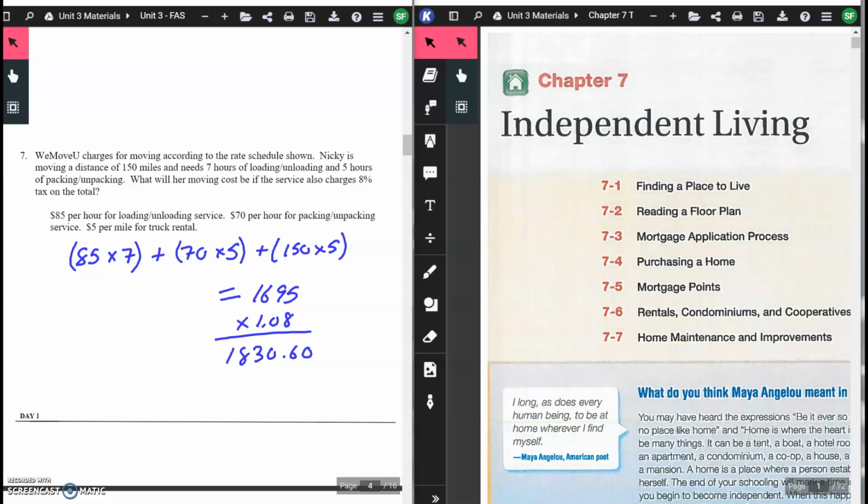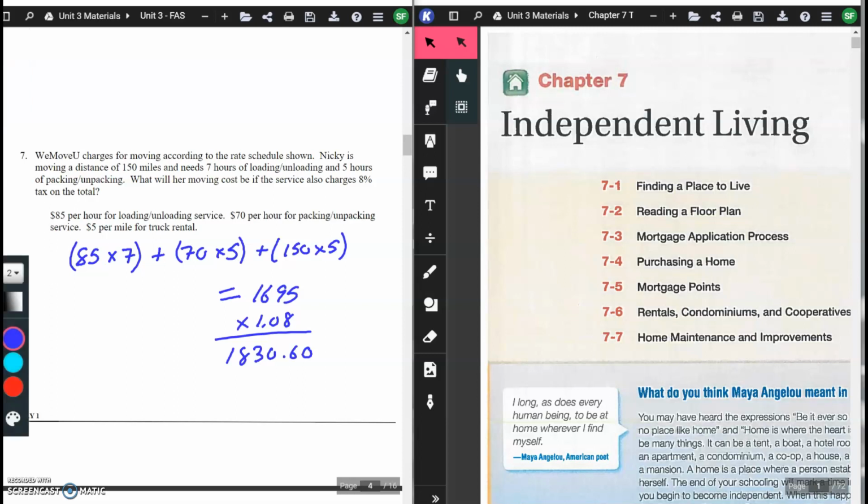She needs 7 hours for loading and unloading, so $85 times 7, plus she needs 5 hours of packing and unpacking, so plus $70 times 5, plus 150 miles times $5 per mile. So you add all those up, it gives you $1695, and you're going to multiply that by 1.08.